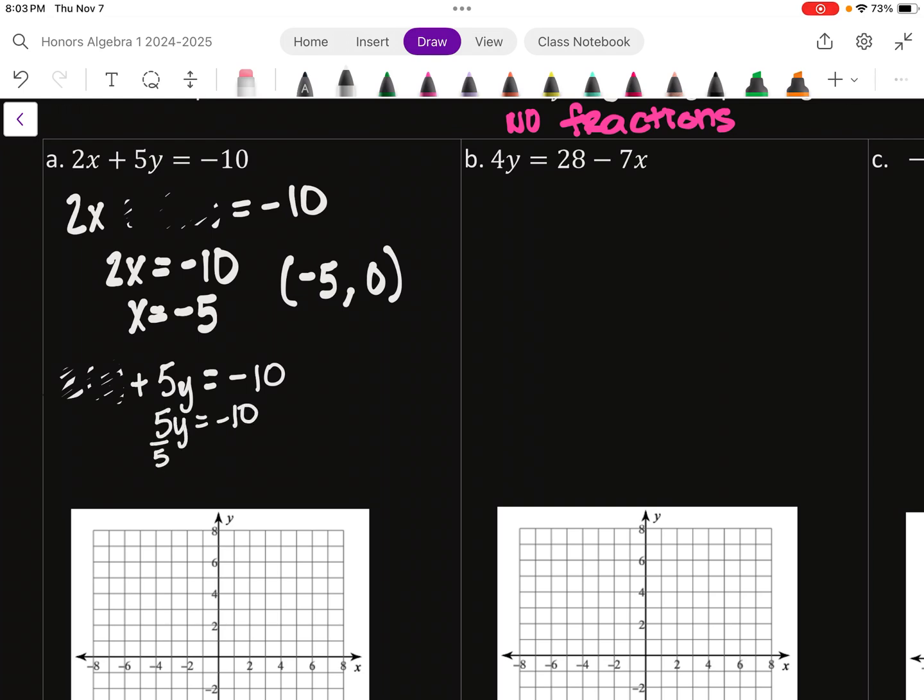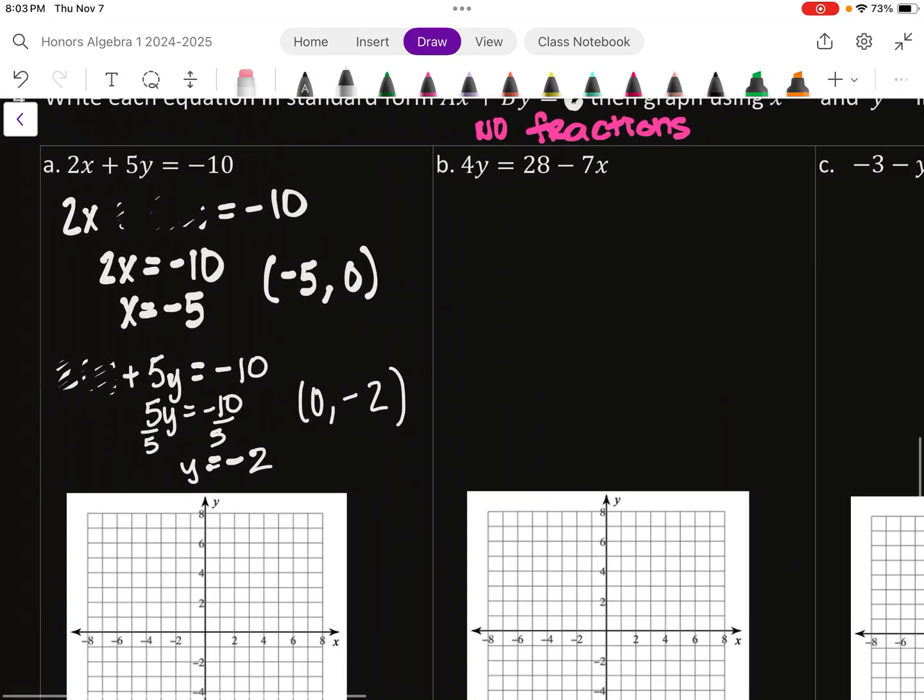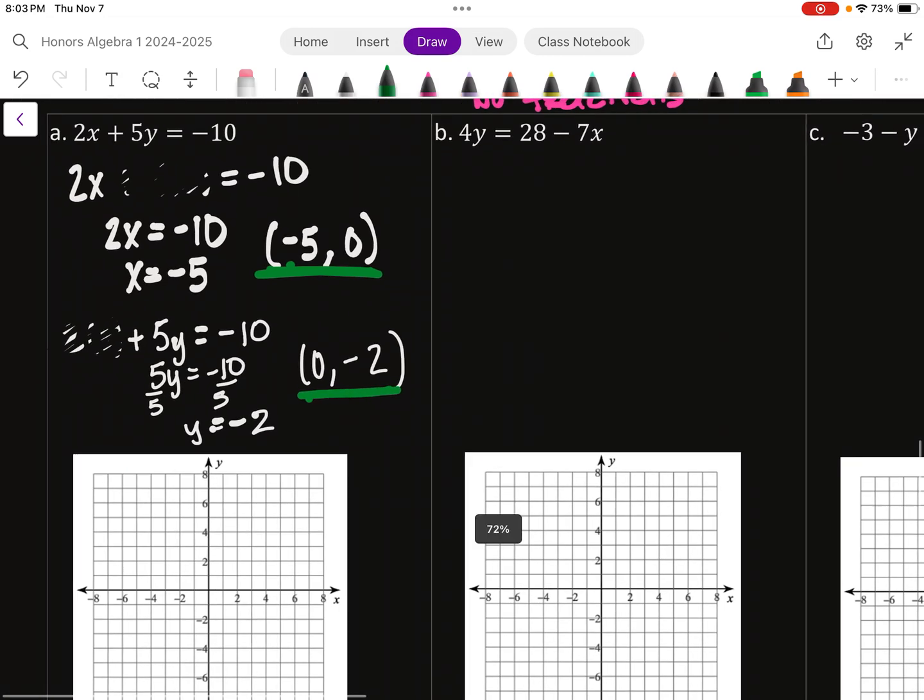When I divide both sides by 5, y is equal to negative 2. I don't leave it like that. I express it as an ordered pair. So now I have two ordered pairs that are intercepts that I'll go ahead and graph. So I'm going to graph this and graph this.